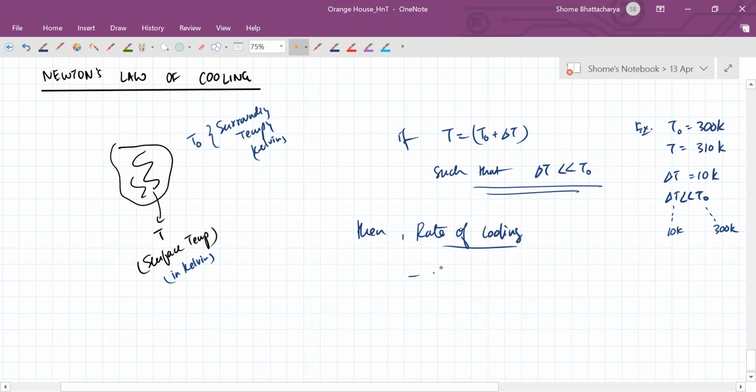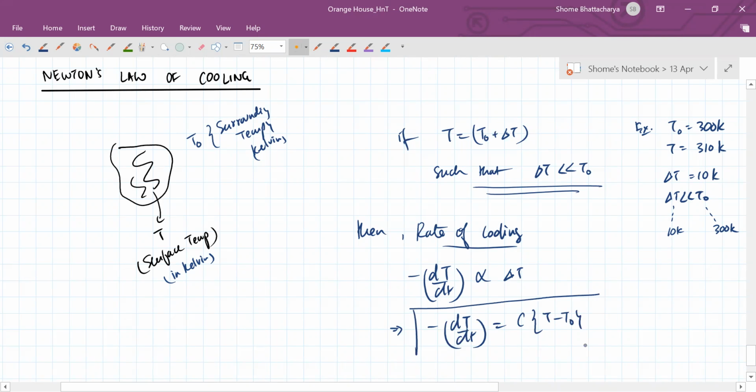that is the rate at which the temperature drops with respect to time, is directly proportional to delta T, or the rate of cooling is equal to some constant into T minus T naught. This is the statement of Newton's law of cooling.